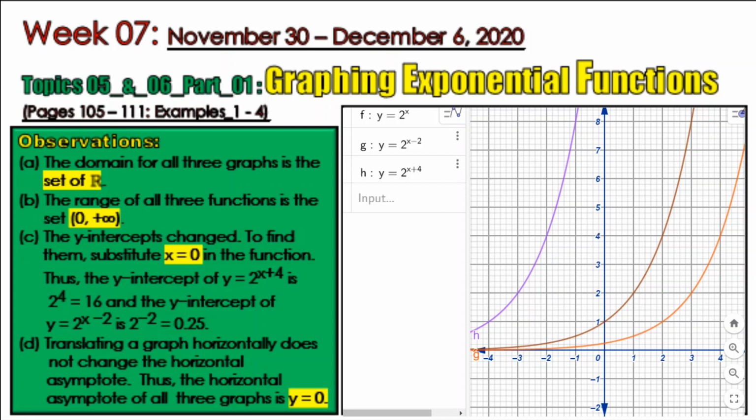So let us start with the first function. If you are looking for the y-intercept, we will let our x be equal to 0.